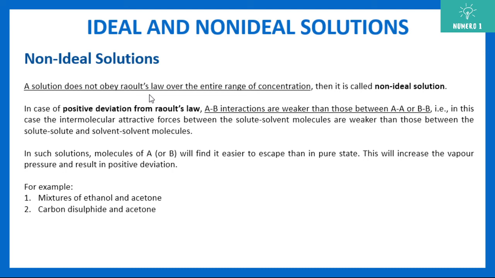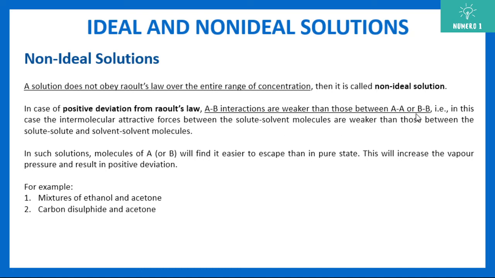Now, what's the reason behind this? The reason is that AB interactions are actually weaker. So if you mix liquid A with liquid B, what happens? The interactions are weaker, so the molecules tend to stay in AA or BB form. That means they are much more comfortable to escape outside and stay in the gaseous state.